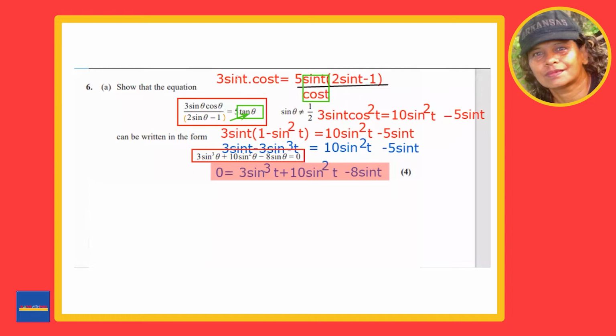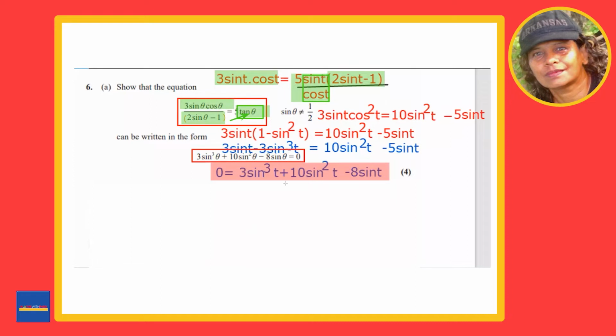So here we have the left-hand side of the equation, which is 3 sine theta cosine theta. Then we have the right-hand side, 5 tan theta, which I'm going to write as 5 sine theta over cosine theta, and then I'm going to multiply that by 2 sine theta minus 1. I hope that part is clear.